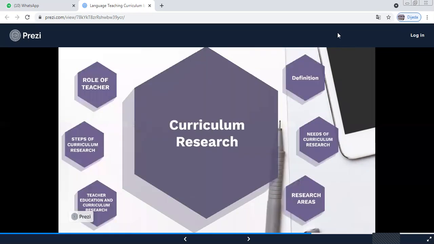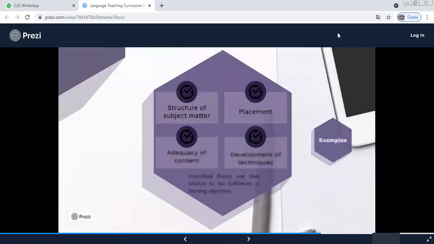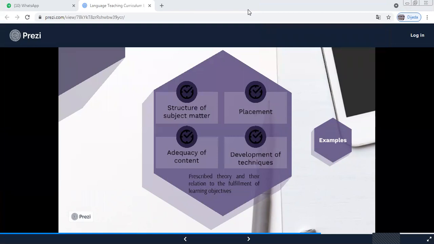And the next about research areas involve a structure of subject matter, placement, adequacy of content, and development of techniques and prescribed theory and their relation to the fulfillment of learning objective.